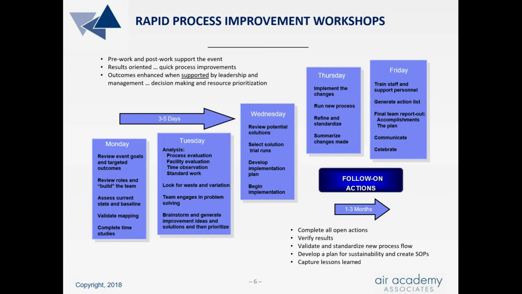Potential solutions are reviewed, prioritized, and selected. Improvements are implemented upon approval of management and leadership, and staff is trained. At the end, a follow-on action list is generated and approved. Typically, this list includes placing the process in control so the gains can be sustained.